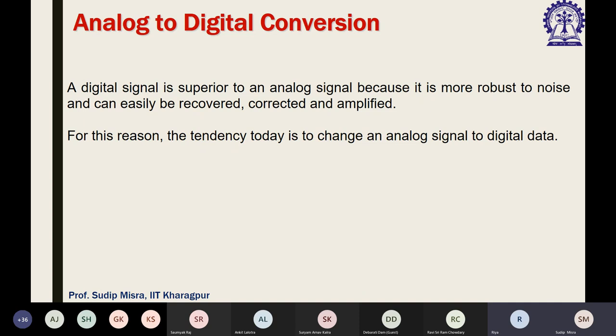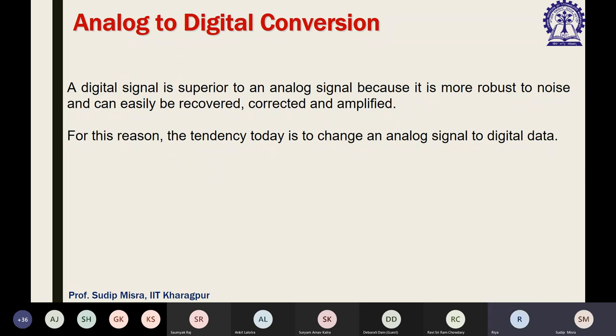Now analog data can also be sent as digital signals, for which you need to convert the analog data to digital. A digital signal is superior to an analog signal because it is more robust to noise. That is the advantage of digital signal over analog signal, that it is more robust to noise and can easily be recovered, corrected, and amplified with the help of various techniques like the ones that we are learning over here.